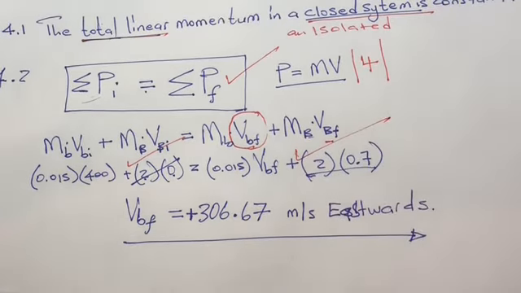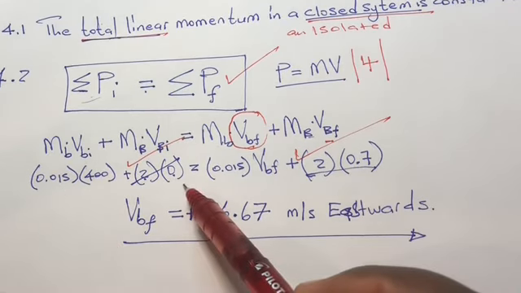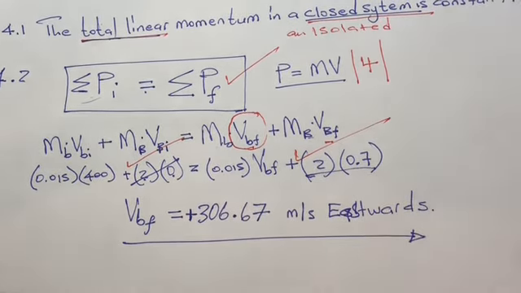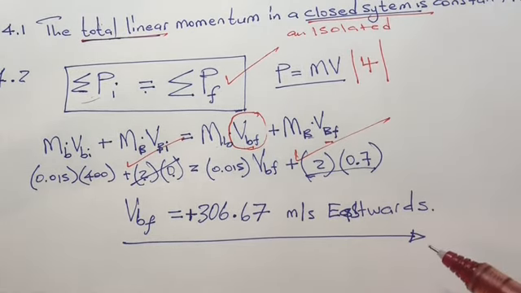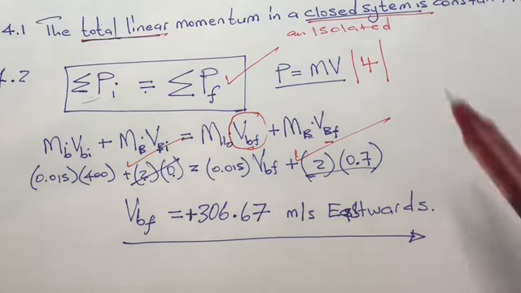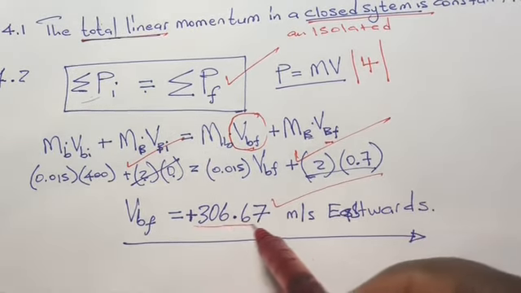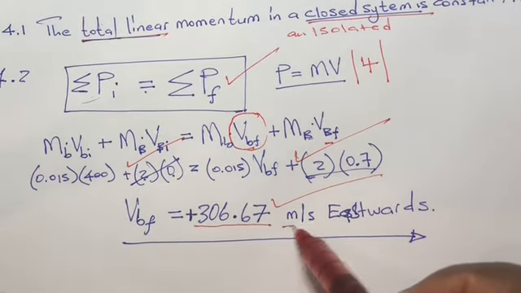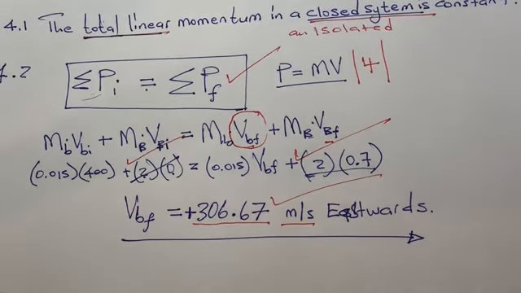That means 1 mark for correct substitution on the initial side and a mark for correct substitution on the final phase. So obviously the 4th mark, you get it for writing the correct answer with the correct SI unit. So that's how you score 4 marks.